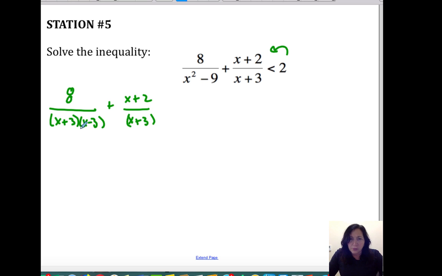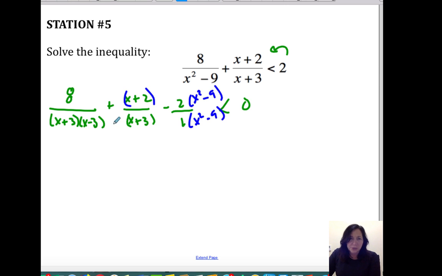And so for this one, I need another denominator. And then moving the 2 over, that's over 1. And then I've got less than 0. So these denominators, this one is going to need everything. x squared minus 9 over x squared minus 9. But this one is actually, because I have an x plus 3, it only needs an x minus 3. So x minus 3, x minus 3.